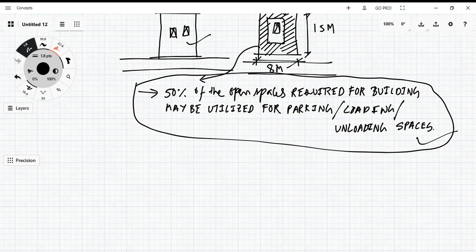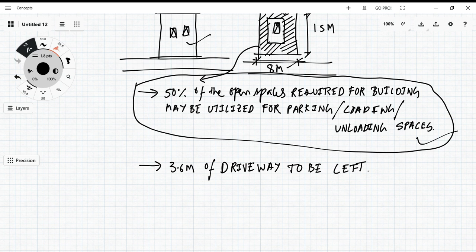But the condition is there: you can use 50%, but the condition is that 3.6 meters of driveway is to be left.